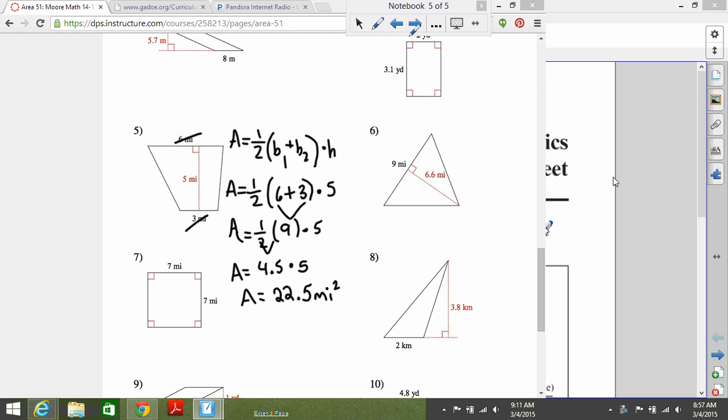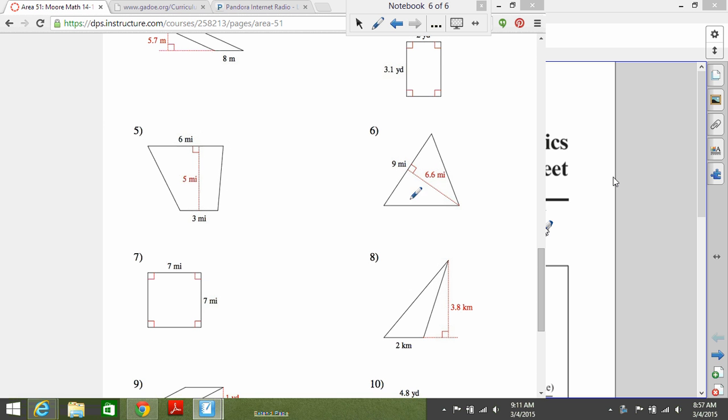Any questions so far? Okay, number 6. What shape is this? Triangle. So what's our formula? A equals what? 1/2 of base times height.